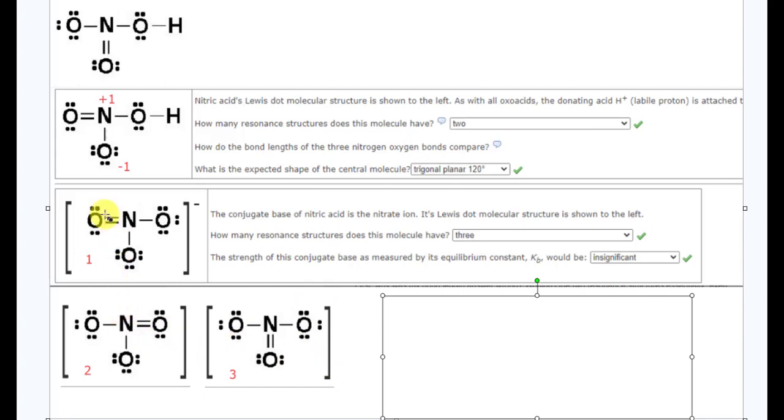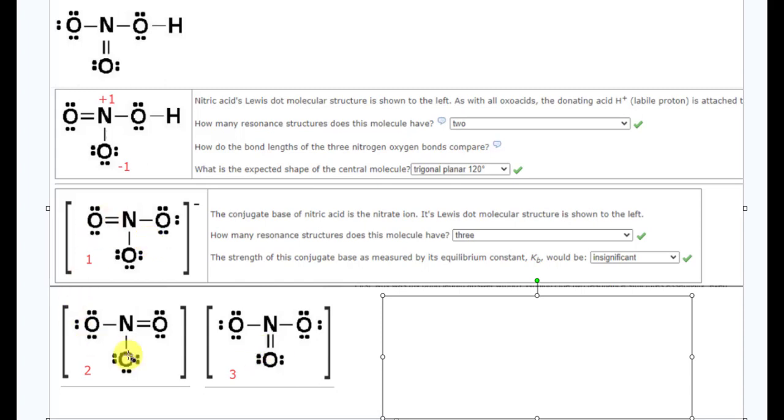So in effect, this double bond has three possible places it could be, and it's there in all three places at the same time. So this nitrate ion, different than our nitric acid molecule, will have three possible locations for this double bond. This double bond, therefore, will be averaged around all three bonds and have the same length.